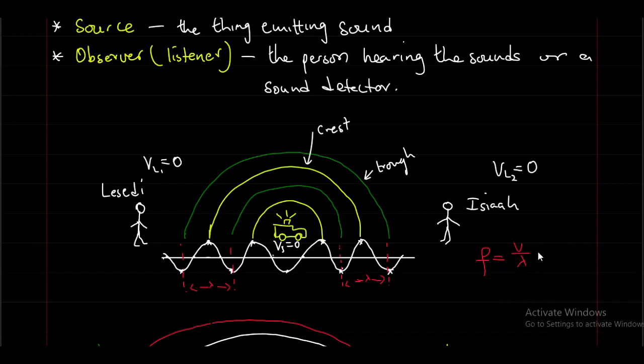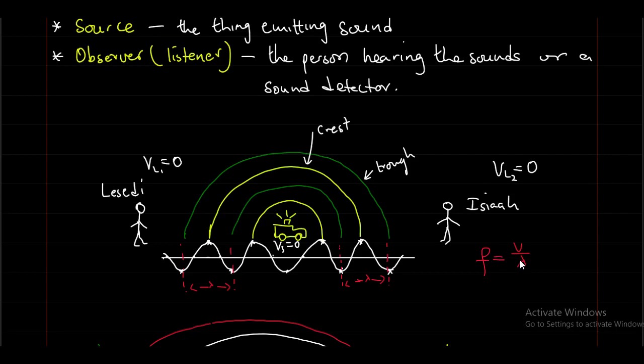So from this we can see that there's inverse proportionality between the wavelength and the frequency, meaning that if my wavelength increases, the frequency will decrease, right?